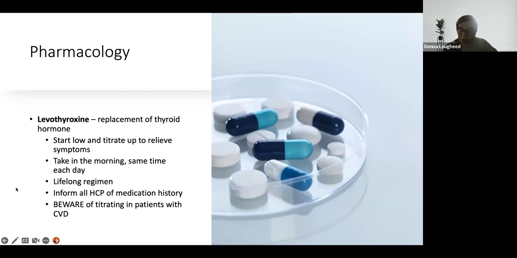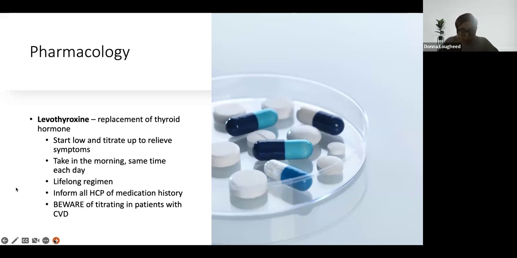This replacement therapy is a lifelong regimen, and it is important for the patient to take this medication at the same time every day. It is also important for the patient to inform all healthcare providers of his or her history of hypothyroidism and the dosage of hormone replacement.